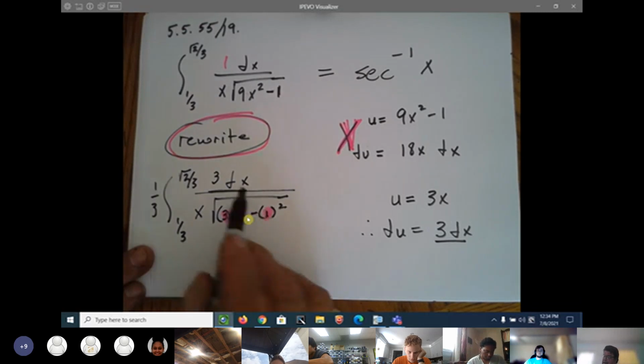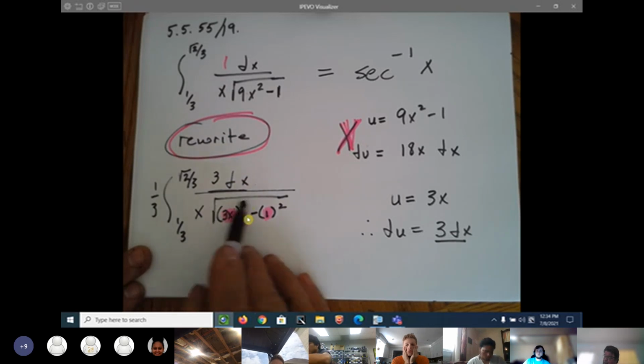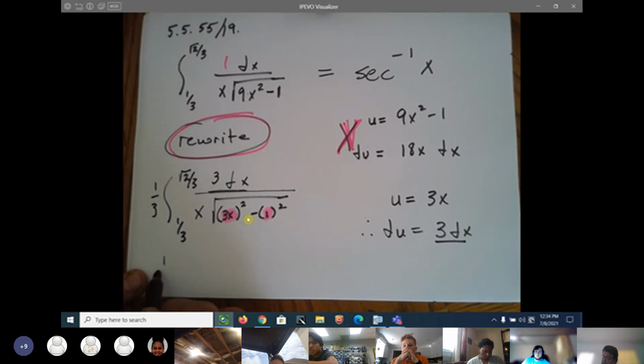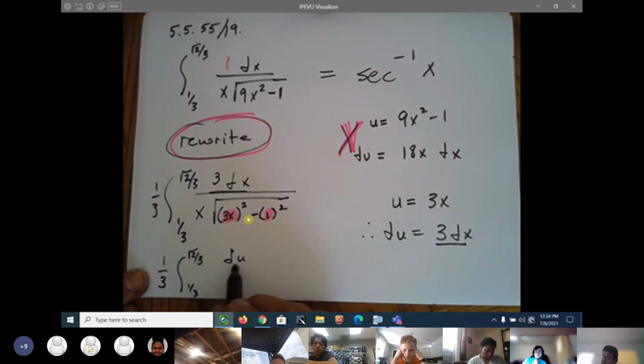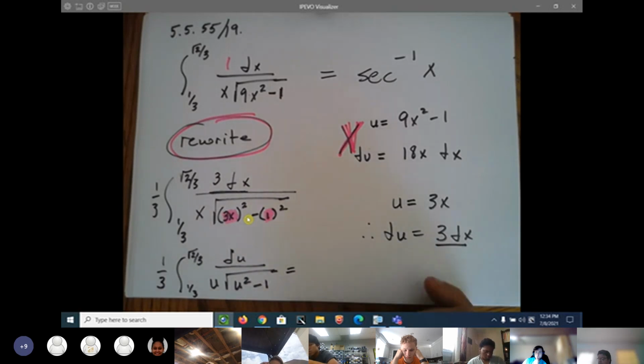And now I have du over u square root of u squared minus 1. So 1/3 antiderivative from 1/3 to square root of 2 over 3 of du over u square root of u squared minus 1. And that's equal to the secant.